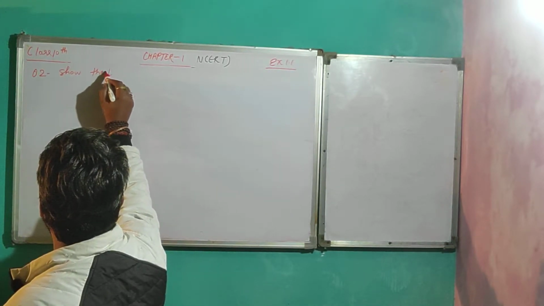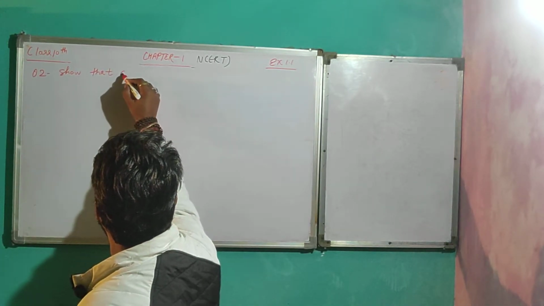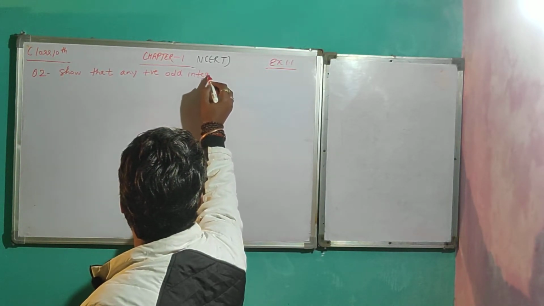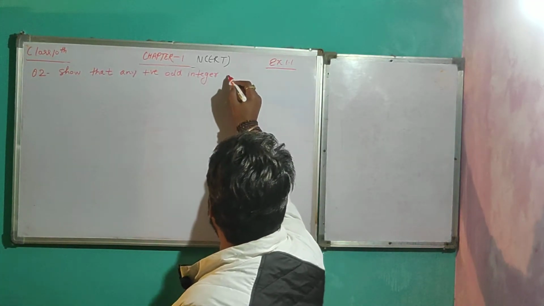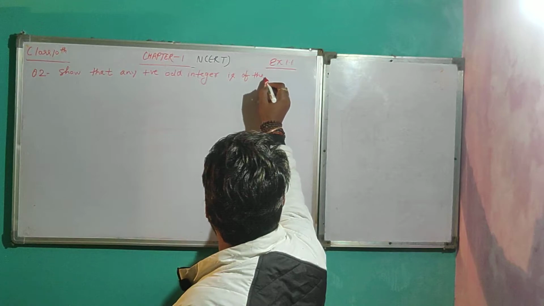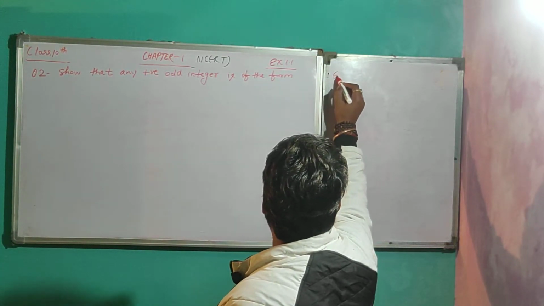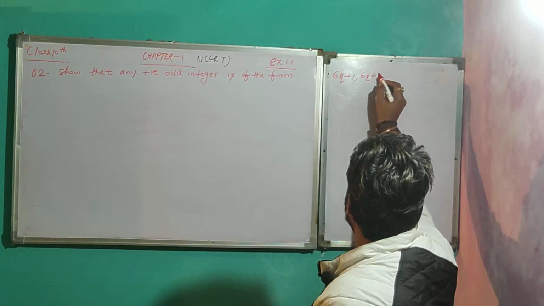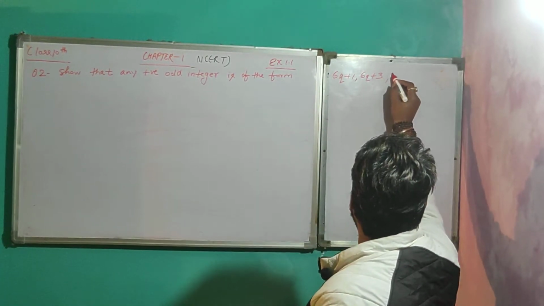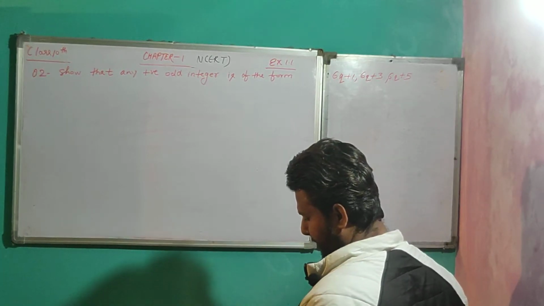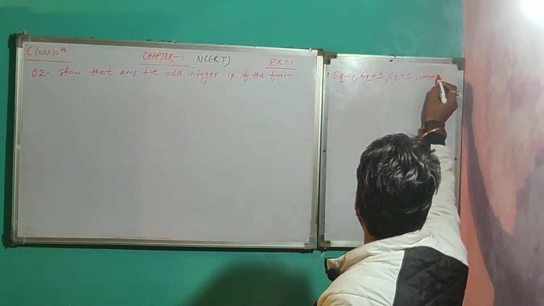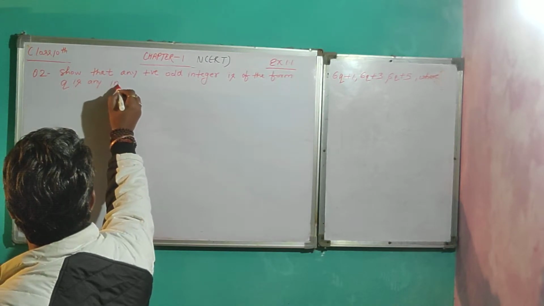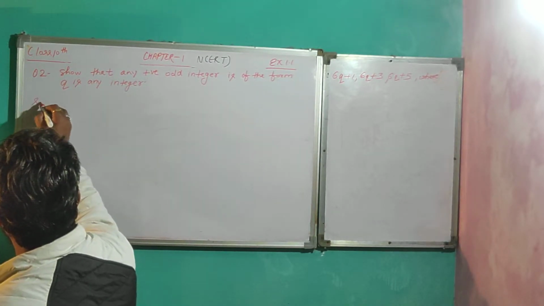Show that any positive odd integer is of the form 6q plus 1, 6q plus 3, 6q plus 5, where q is any integer. Okay, solution.